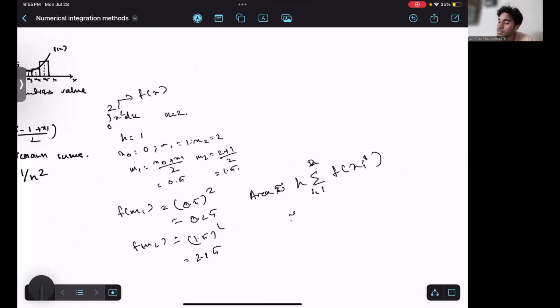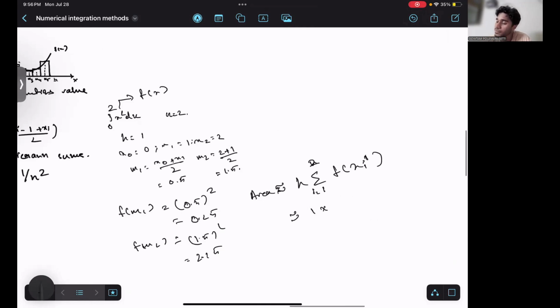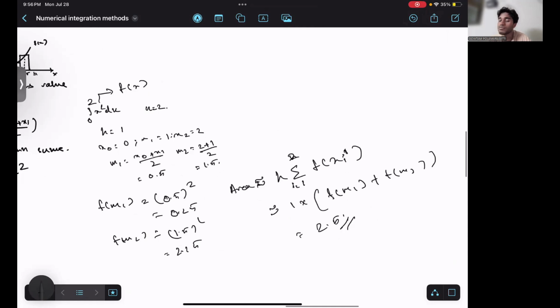So this is equal to 1, summation of i equals 1 to 2, or we can write this as 1 into f of m1 plus f of m2, which will be equal to 2.5. So this is the value which we got from this approximation.